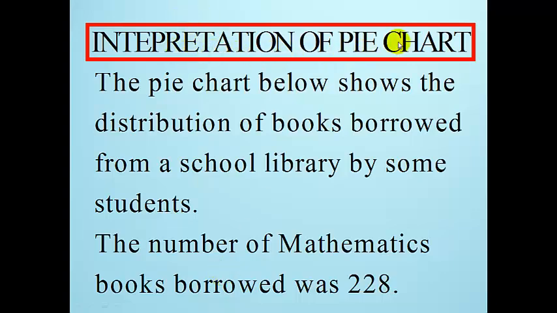Now, interpretation of pie chart. With the interpretation of pie chart, you'll be given the pie chart and you'll be asked to answer some questions. That is, you use the information given in the pie chart to answer the questions that follow.